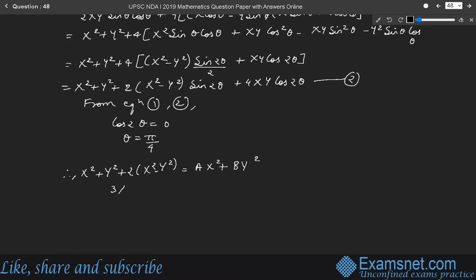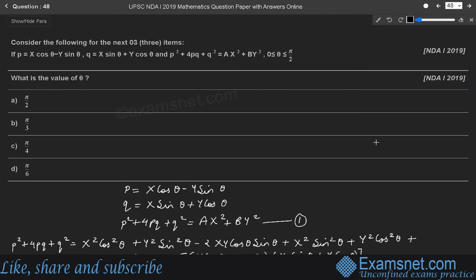So it will be 3x square minus y square is equal to Ax square plus By square. So from here we can say that A is equal to 3 and B is equal to minus 1 on comparing both the sides. Therefore the correct option for this question will be theta is equal to pi by 4. So correct option is option number C.